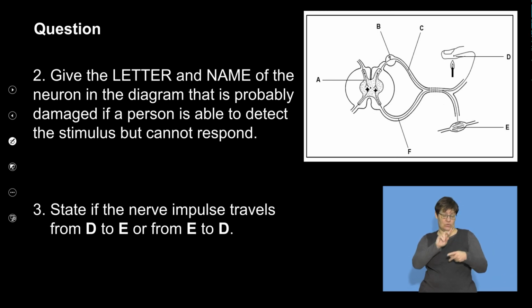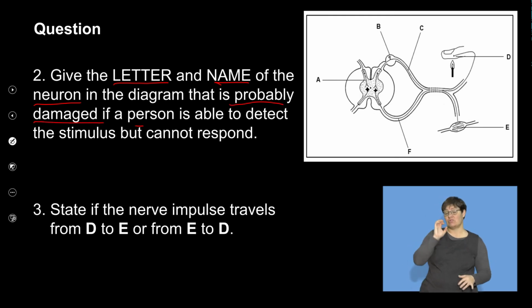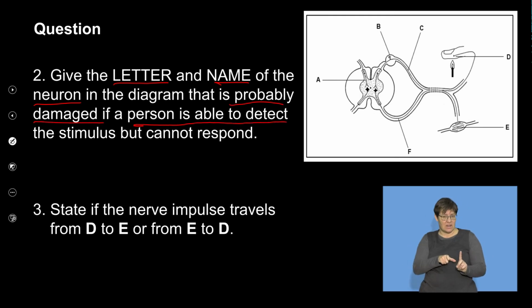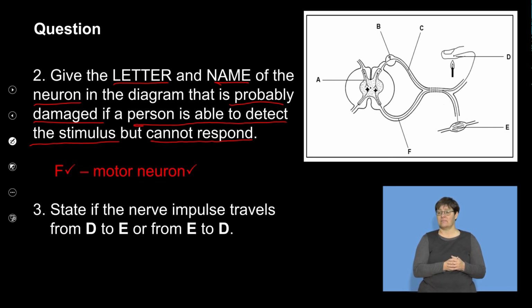It says you give the letter and the name of the neuron in the same diagram that is probably damaged if a person is able to detect the stimulus but cannot respond. Then, number 3, it says, the answer there is F. That is the motor neuron.